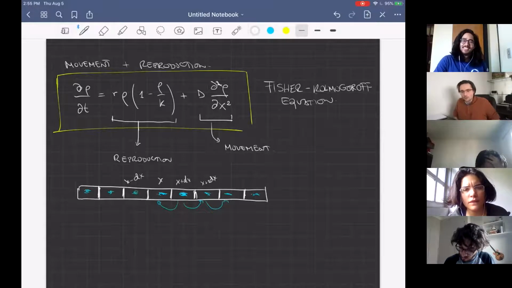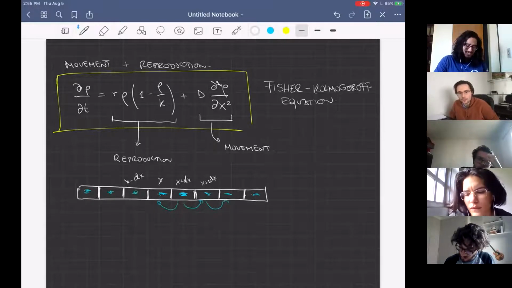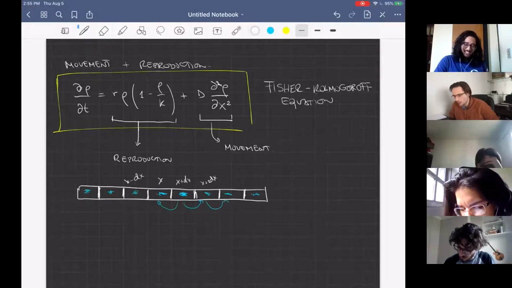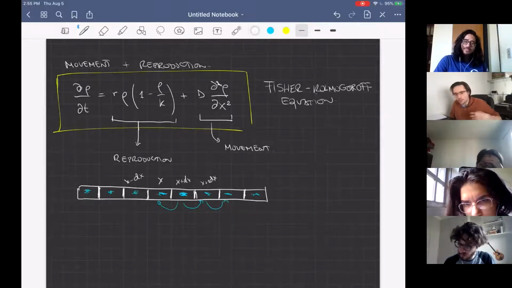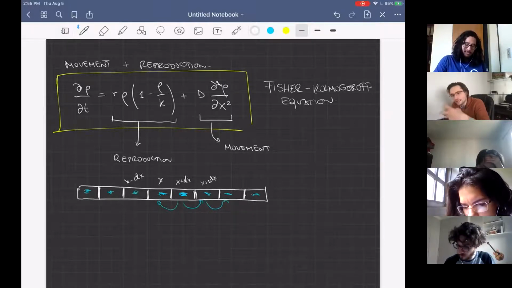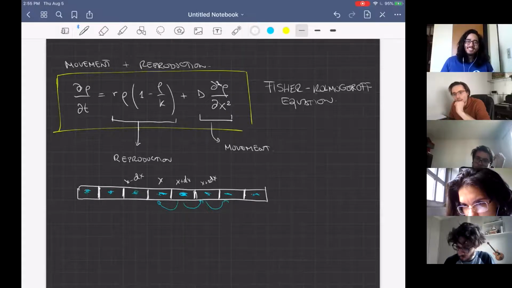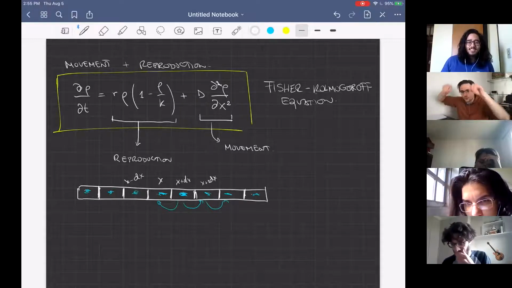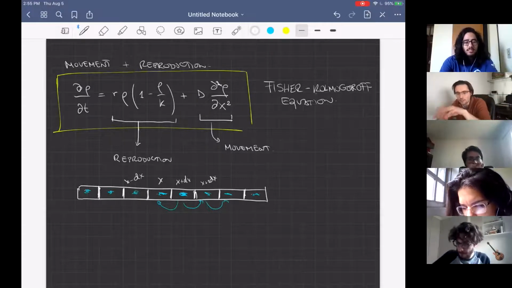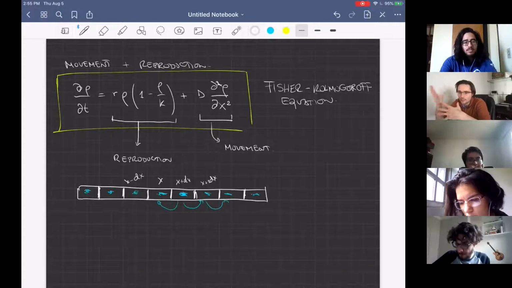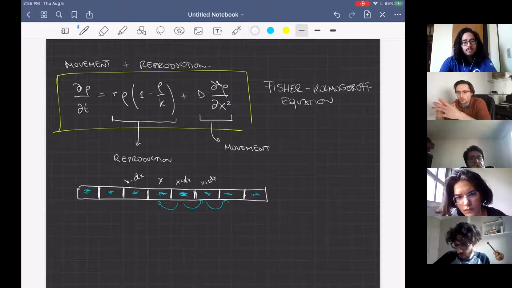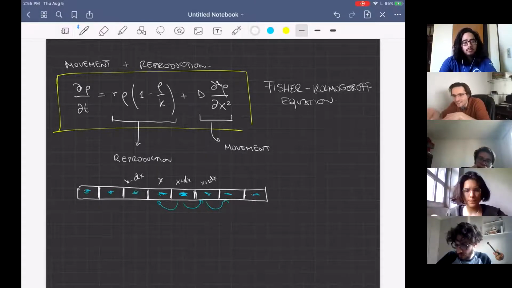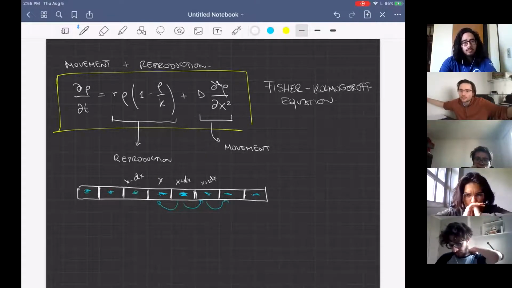This equation was introduced in 1937, I think, to describe how an allele is able to spread in a population of other genes. So basically, when you have a population with a very small frequency of some allele, or, if we want to connect with the example that we discussed before, if we put a little bit of rats, how they are able to spread in space.